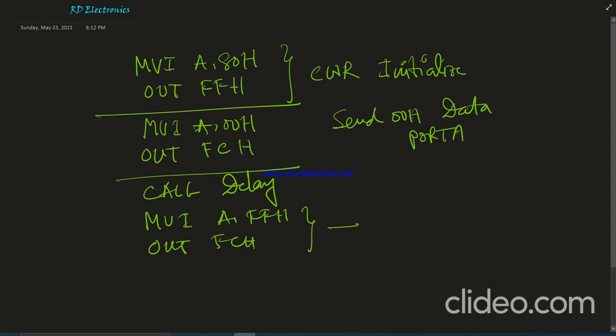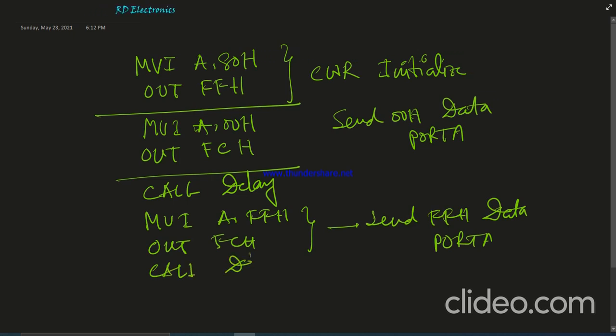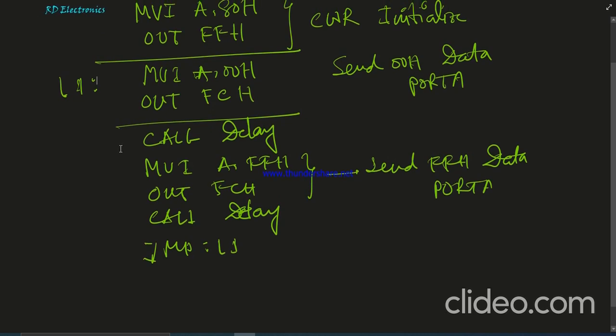So this line of code is used to send FFH data to port A for the LED off state, and again here we call the delay program and jump back to create the loop, because this is again back to the 0. Okay, so this is our program format.